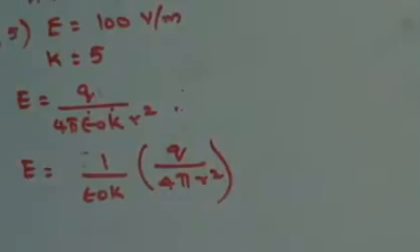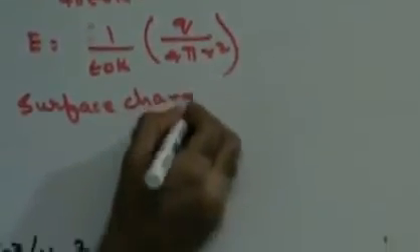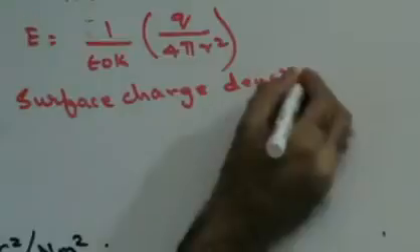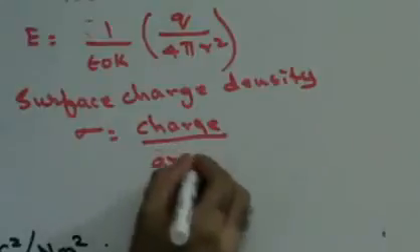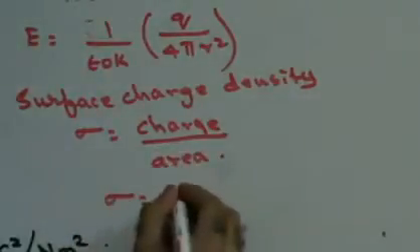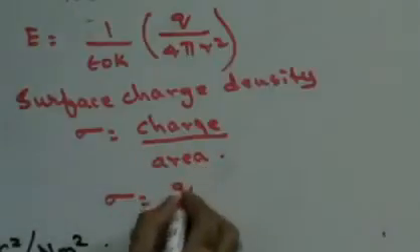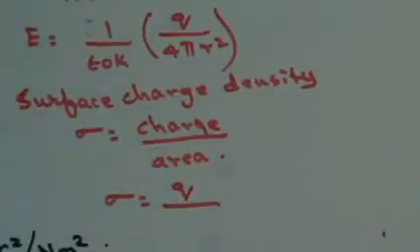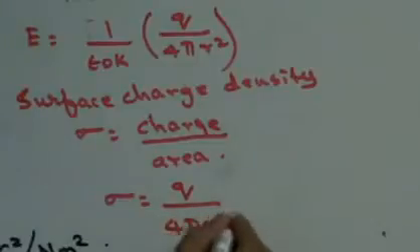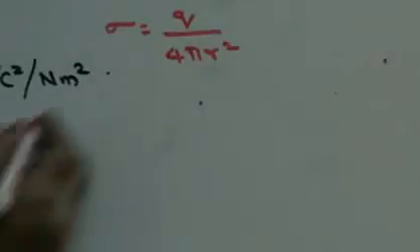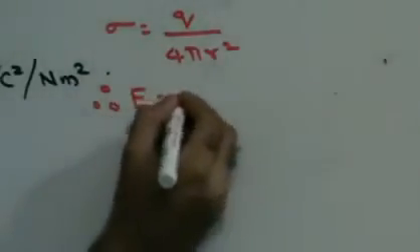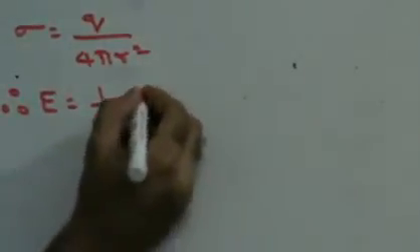Now we also know they've asked me to calculate surface charge density. Sigma is charge upon area. So surface charge density is going to be charge, that is Q, upon area. Since it is a sphere, the surface area of the sphere will be 4 pi r square, right? That means Q upon 4 pi r square. Now I can substitute as sigma. Hence I can say E is equal to 1 upon epsilon 0 k into sigma, right?